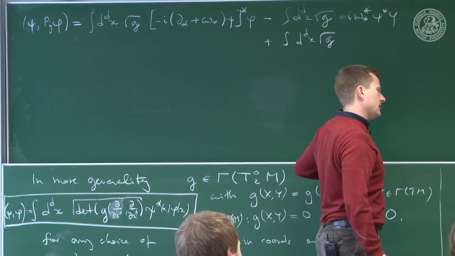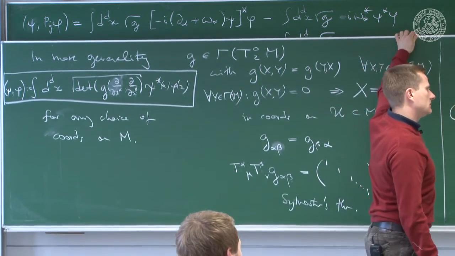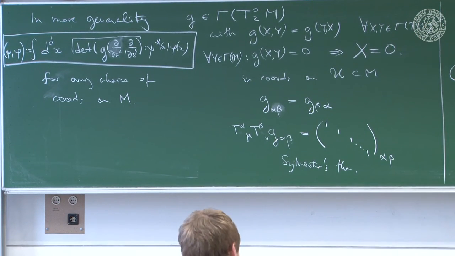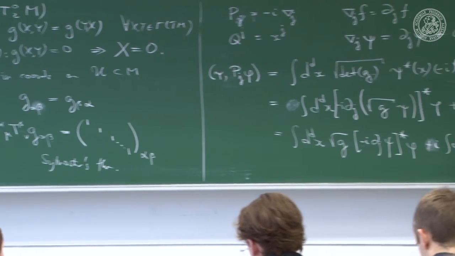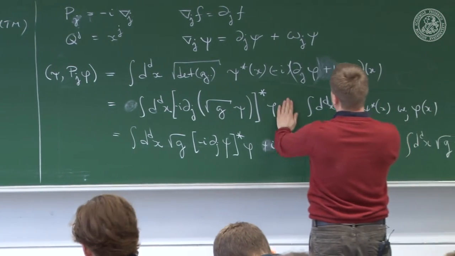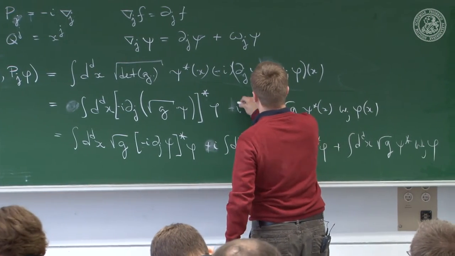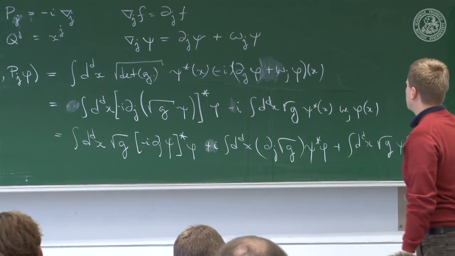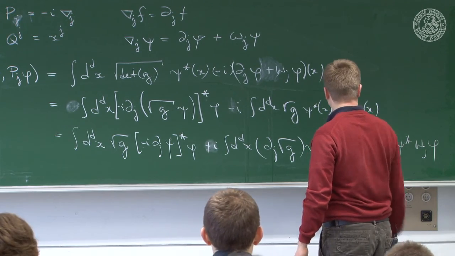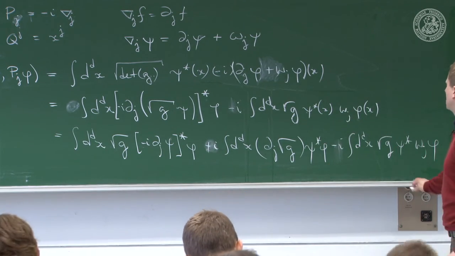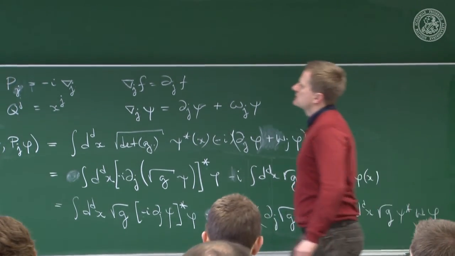Let's see what we did here. So we had a minus i here. And I think, yeah, it just went missing, right? This is just a minus i here. Is that correct? Minus i times this guy. So this is a minus i here. Okay?